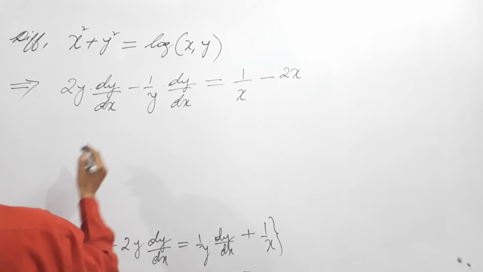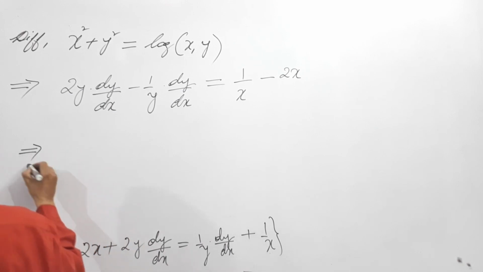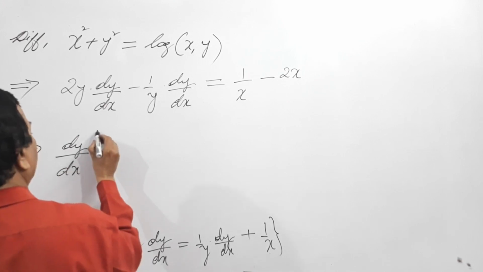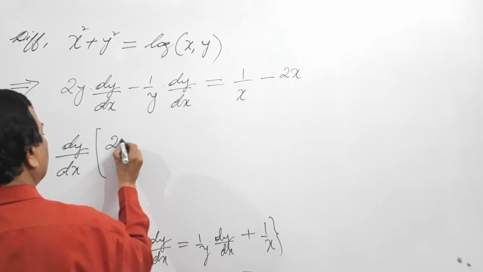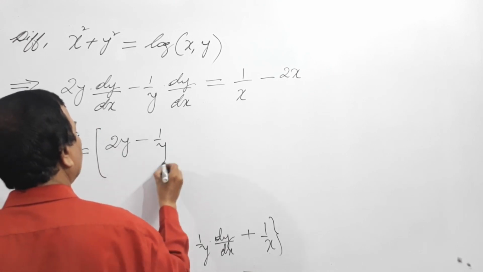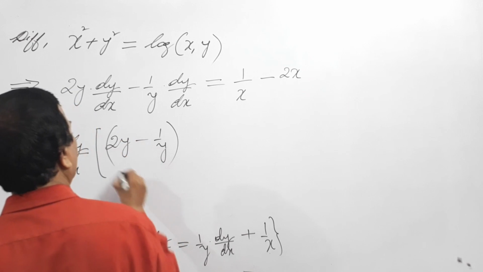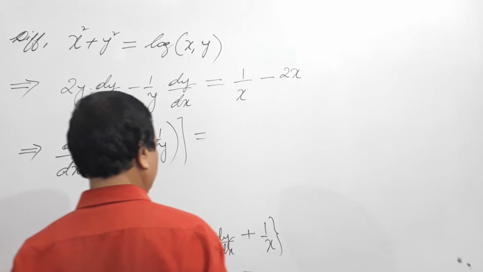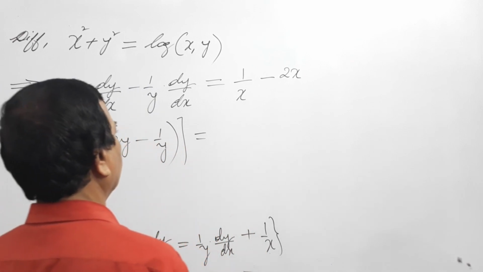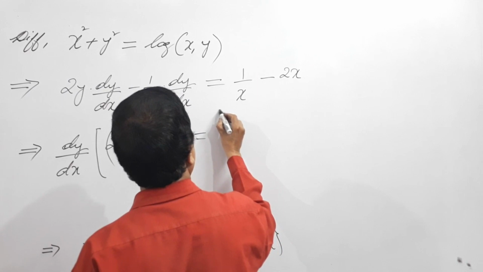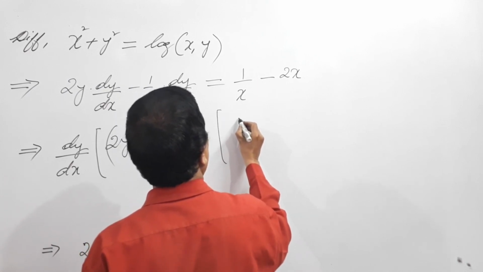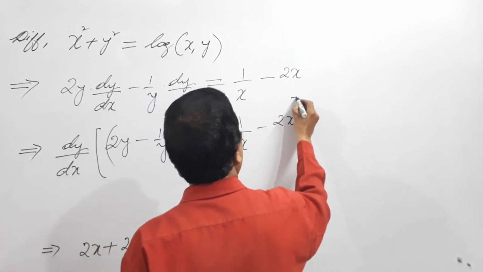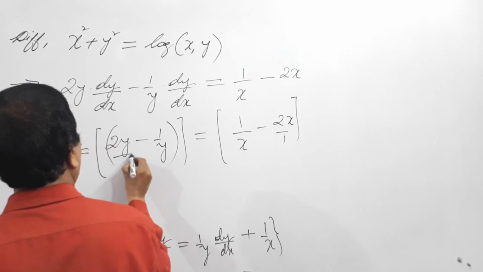So I'll take dy by dx common. This is 2y minus 1 by y equals to 1 by x minus 2x. We have to take LCM.